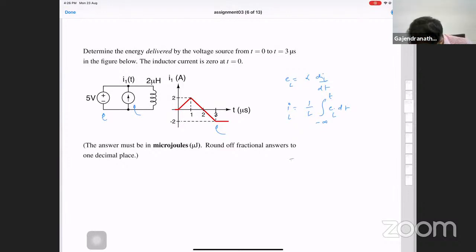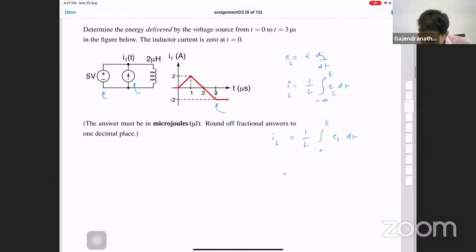So if we see the current in the inductor, 1 by L integral, there is no initial current in the inductor, so it's basically 0 to t of the voltage across the inductor multiplied by dt. Okay, so this is 1 by 2 microhenry integral. We are interested from 0 to 3 microseconds, and the voltage across the inductor is constant, 5 times dt.